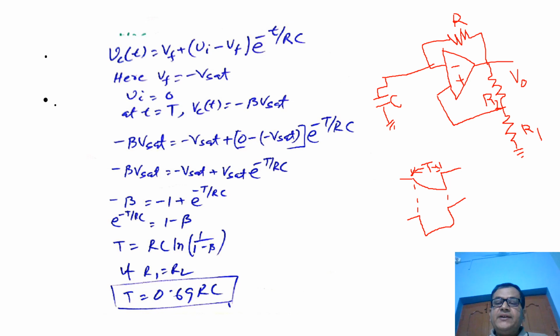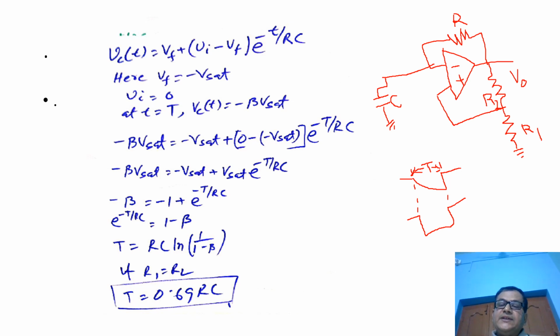T is nothing but the time the capacitor takes to charge from 0 to minus beta into Vsat, isn't it? The initial voltage was 0, as we have considered an ideal diode. In case of a practical diode, it will be 0.7 volt, however in this example it is 0.